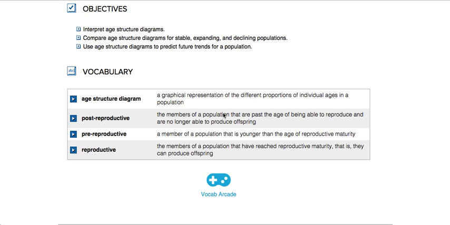So let's take a few minutes to talk a little bit about what population age structure is. Some of you are pretty young, and you may have heard the term baby boomers. So what does that mean? After American soldiers came back from World War II, the United States experienced an explosion of births in the country, and that was termed the baby boomer generation.